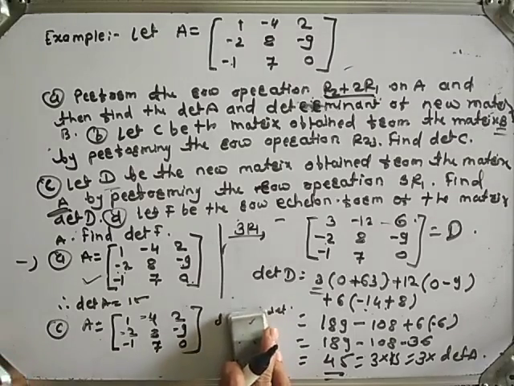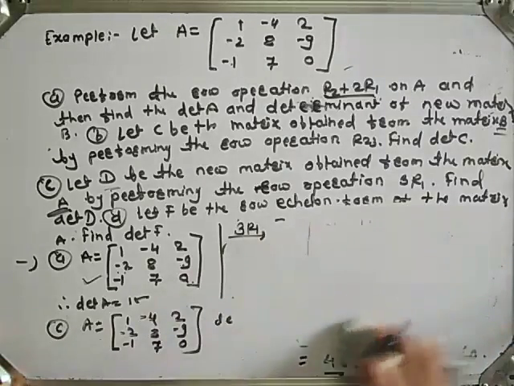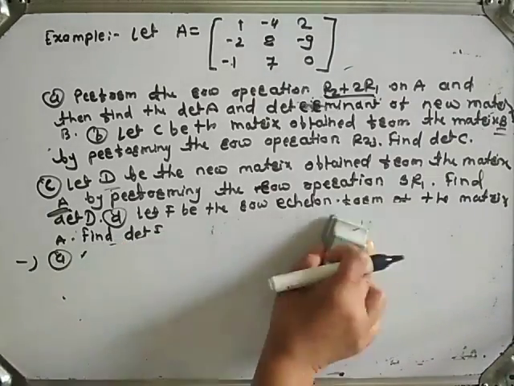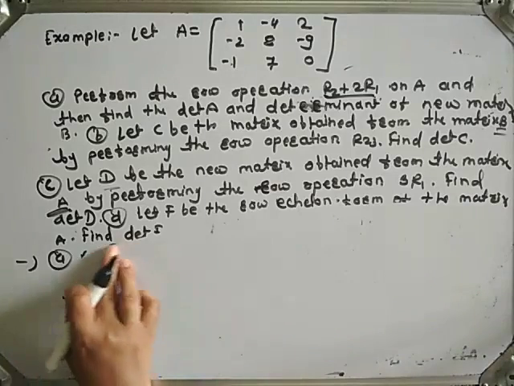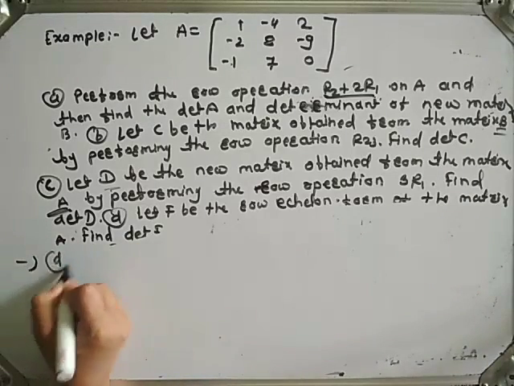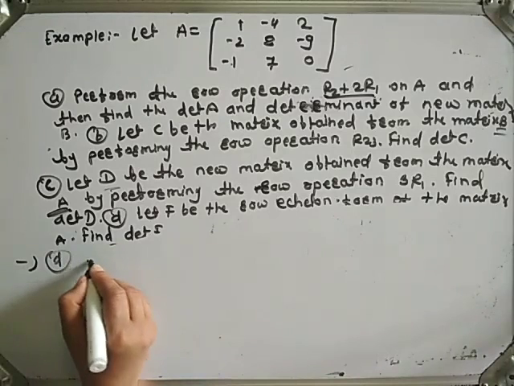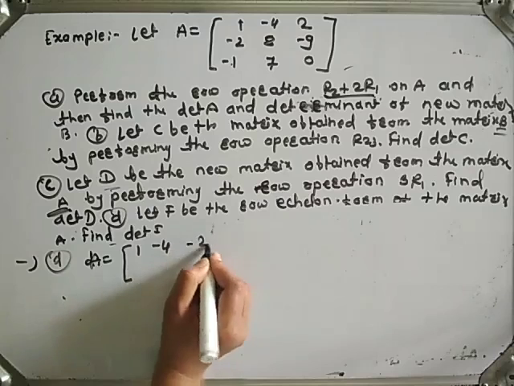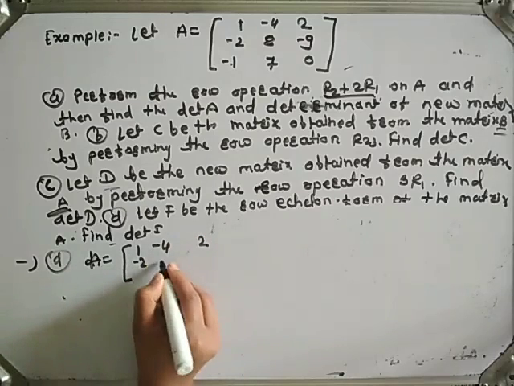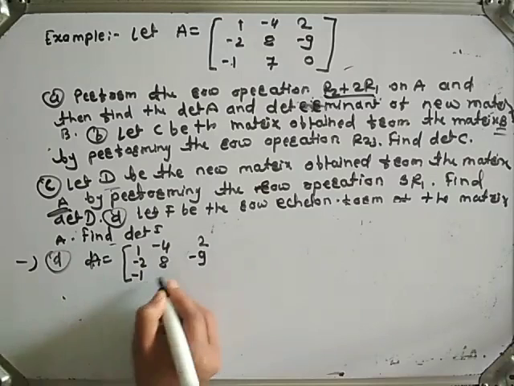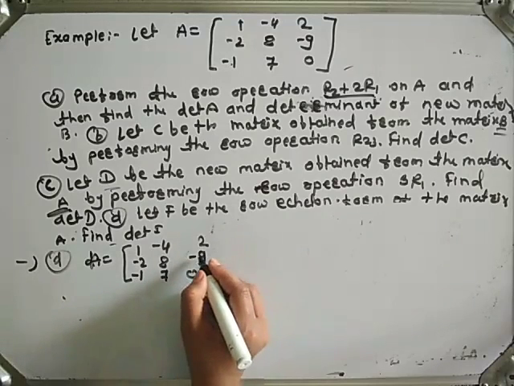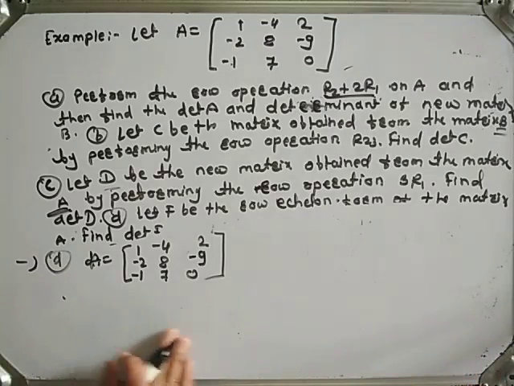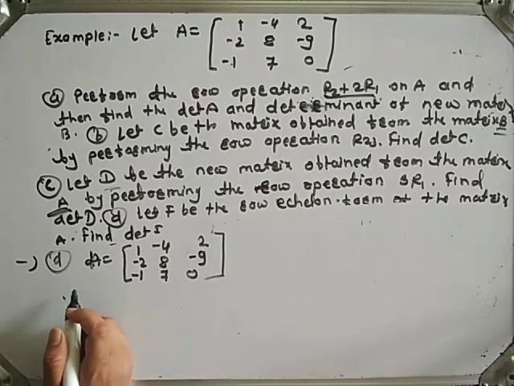In this part, let F be a row echelon form of the matrix A. Now solve it. What is your A matrix? A is 1, -4, 2; -2, 8, -9; -1, 7, 0. Obtain the row echelon form of this matrix.